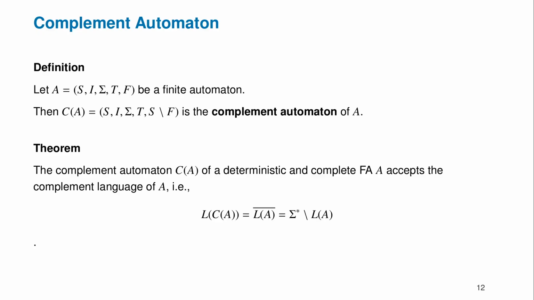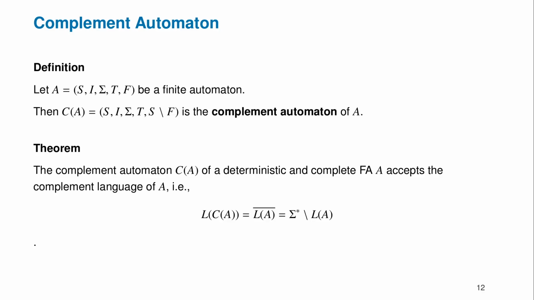So given an automaton A defined as usual, the complement automaton of A is simply the automaton we obtain when we take the same components as in the original automaton, but we exchange the final states by the complement. So we take S and remove all final states, and this gives us the complement automaton.